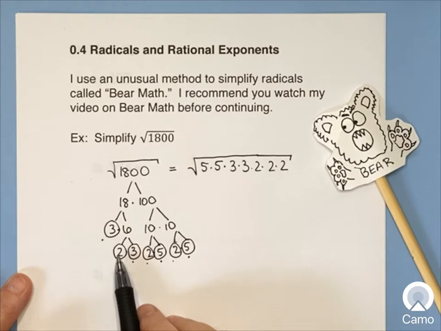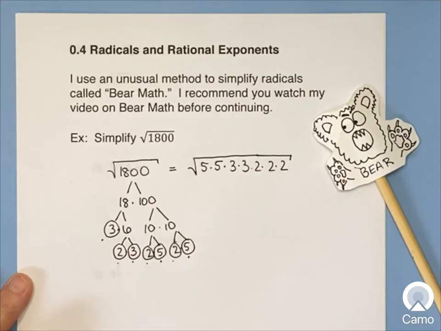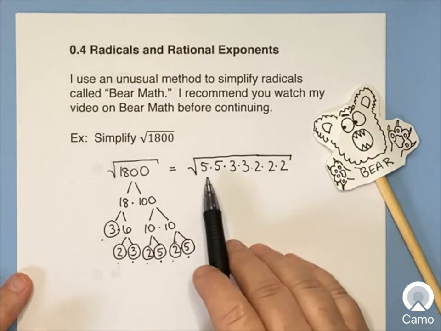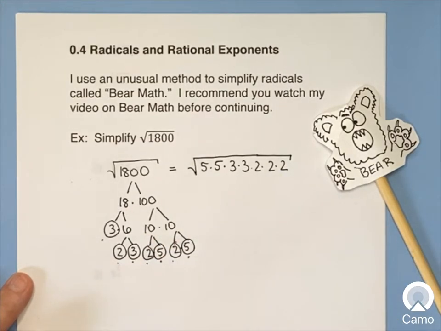I might count: 1, 2, 3, 4, 5, 6, 7. 1, 2, 3, 4, 5, 6, 7. Okay, I got the same number. Hopefully I transferred it over properly. You could always check this by multiplying this out, making sure you get to 1800 again.